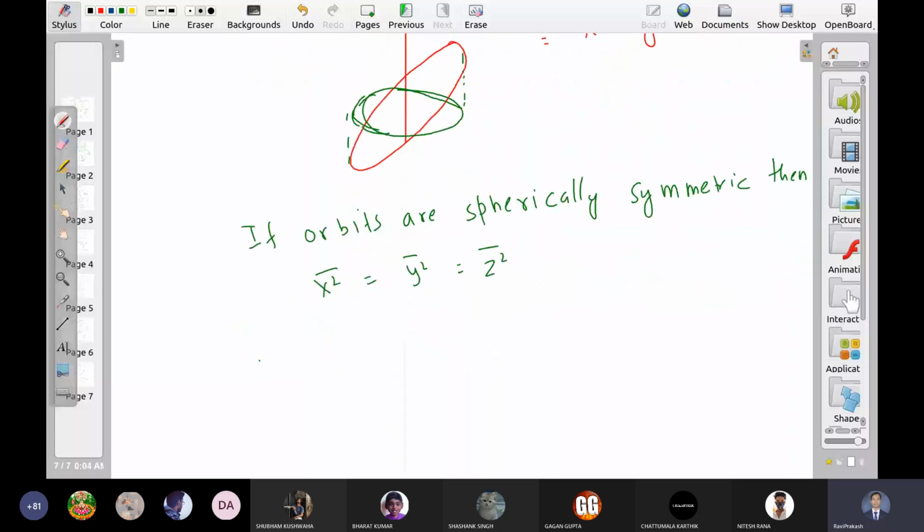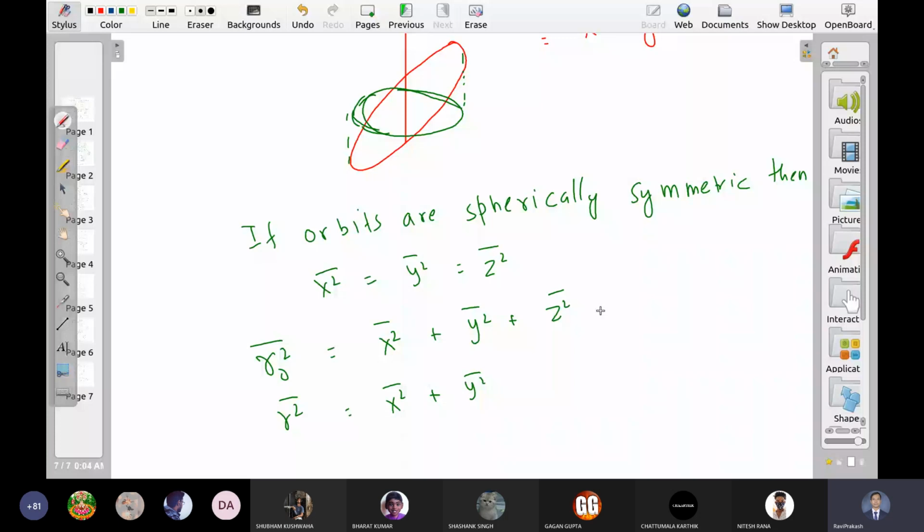R naught square average is x square average plus y square average plus z square average. Just give me 1 minute. And r square average is x square average plus y square average.